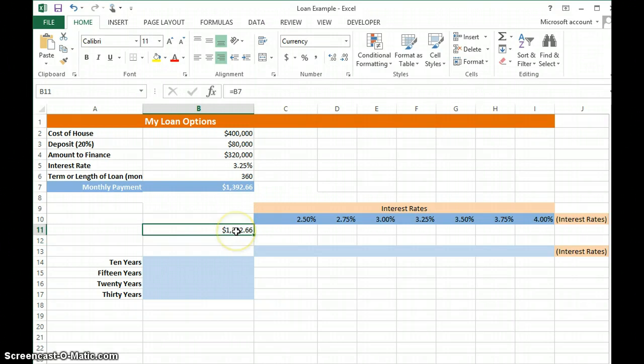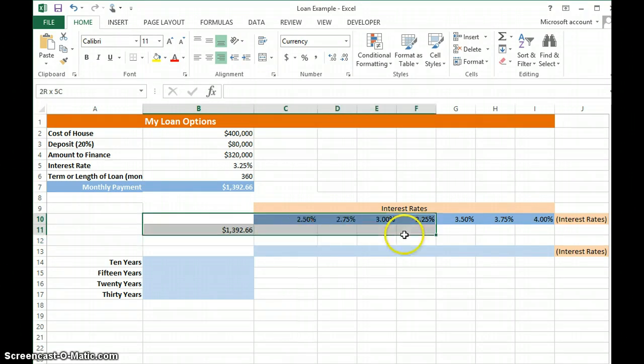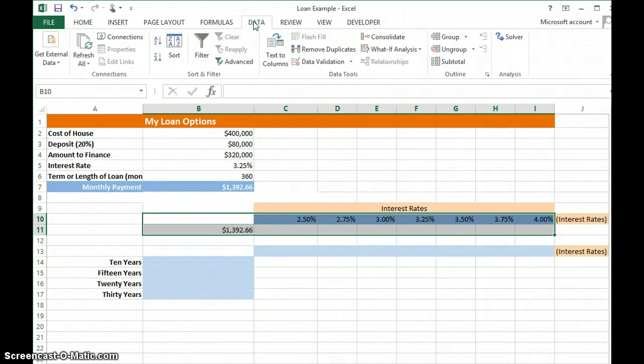Okay. The next thing that we can do, and it's very simple, is we have to highlight the whole table, including the interest rates, but not the interest rates heading, so that the spreadsheet knows that we're working with all this information. And we go then to do the data table. So you go to Data.